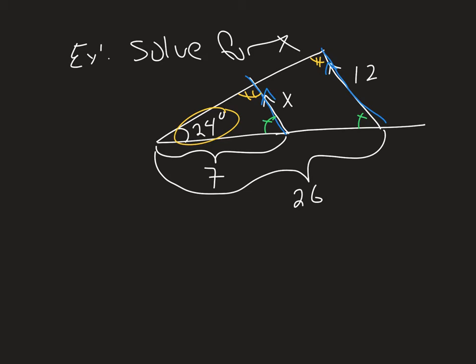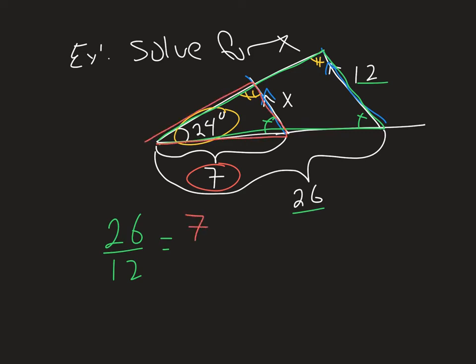With that in mind, I know that the side lengths have to be proportional. If I'm looking at two different triangles here, I'll draw the big one in green. When I take these two side lengths, 26 over 12, I have to be very careful with my order here. 26 is a bottom side, so I have to compare that to another bottom side, which is 7, because I'm looking at this little triangle here, which I'll draw in red. So I'm going to have 7, the bottom side of the small triangle, divided by the slant side of that triangle, which is x.